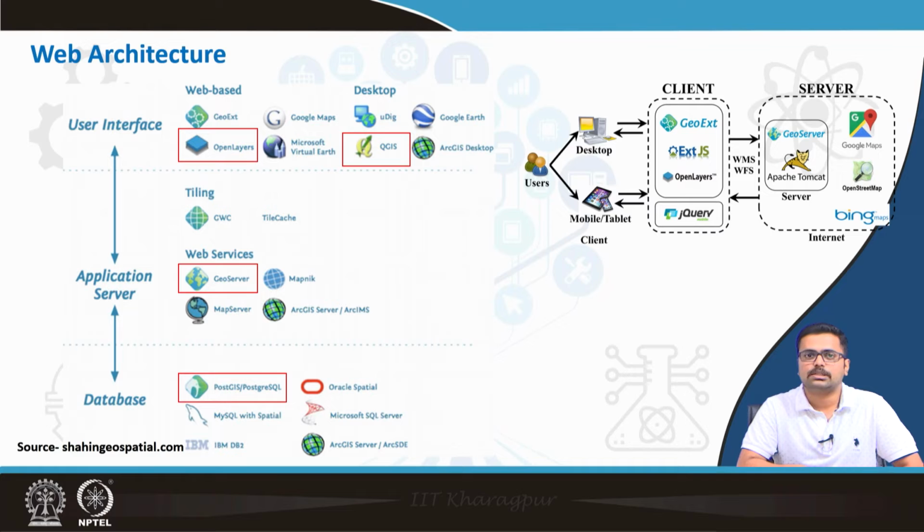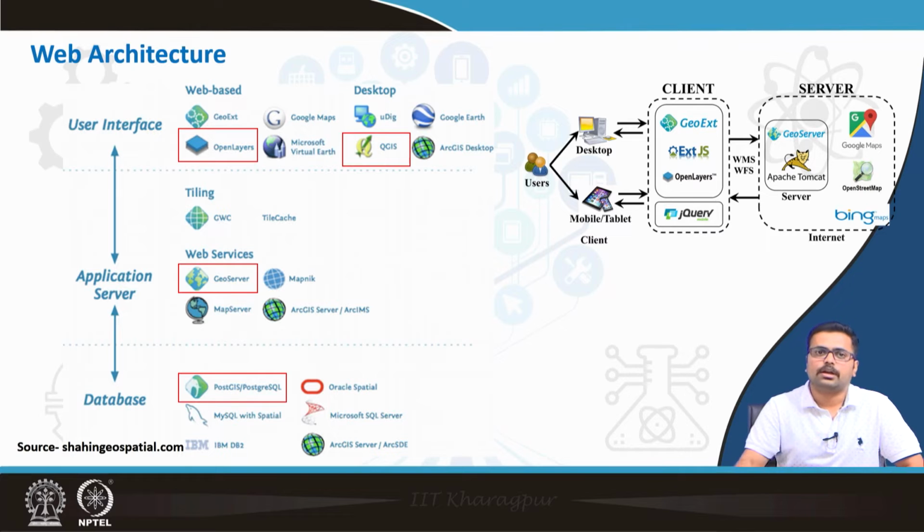Similarly, on the application side, we have GeoServer. We are going to see how GeoServer works as an application server. And finally, in the database, we have PostGIS, PostgreSQL. Also, we have a lot of other proprietary databases like IBM or ArcGIS server.